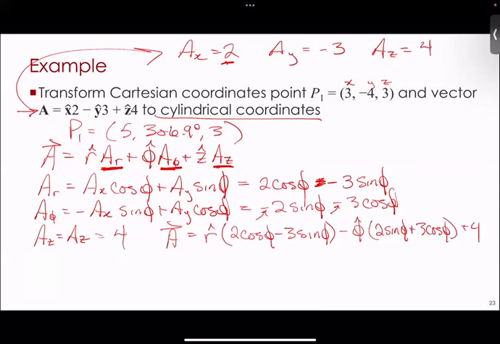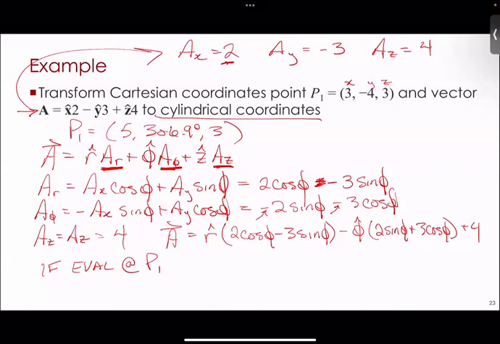So that's an ugly vector, right? That's much nicer in Cartesian coordinates, but there will be other vectors we see where it'd be much nicer in cylindrical coordinates than it would be in Cartesian, because this one's got the phi in it, because it depends on the value of phi. So for instance, if you wanted to evaluate it at P1, now we can plug in the values of P1, okay? This is R, which actually doesn't appear. Z doesn't appear, but the 306.9 for phi.